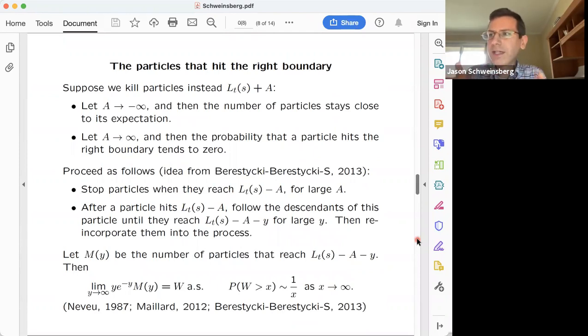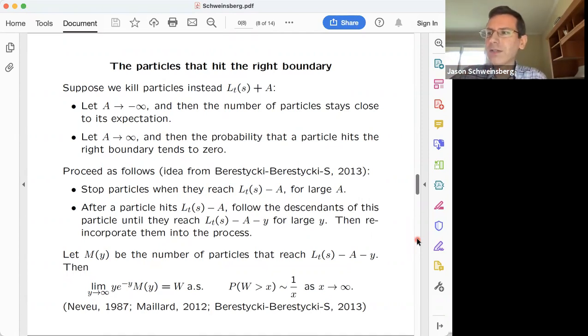Now, when we do truncation, we hope that with high probability no particles are killed, so that the truncated process behaves the same as the original process. We also hope that the truncation causes the variance of quantities of interest to be small relative to the square of the mean, so that we get law of large numbers type behavior and the fluctuations are well controlled.